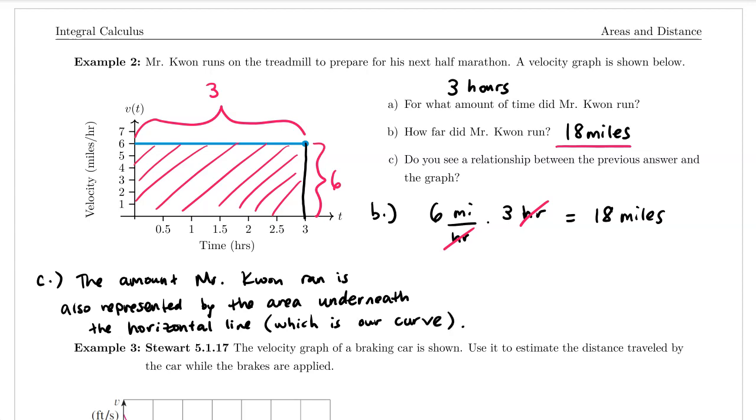So that horizontal line is a function. It just happens to be a constant function in this case.